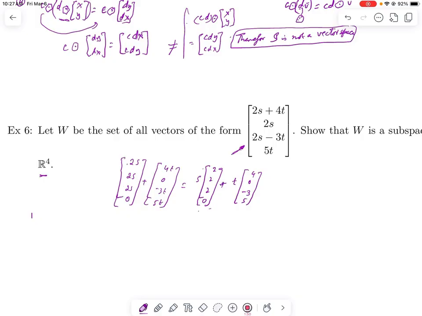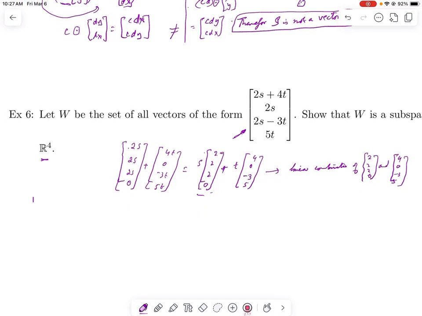Now this is the linear combination of the vector (2, 2, 2, 0) and the vector (4, 0, -3, 5). So any vector can be written as this. Number 1, 0: can we write 0 like this? Yes, then we have s is 0 and t is 0.